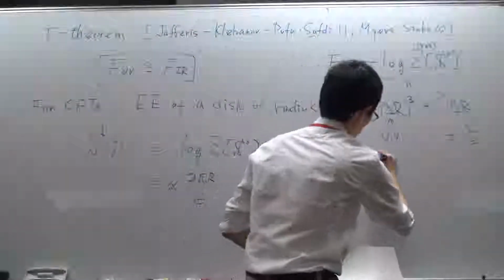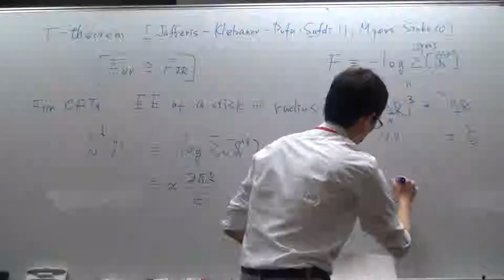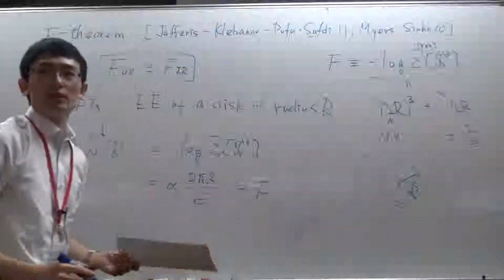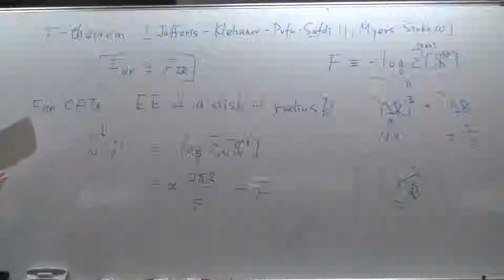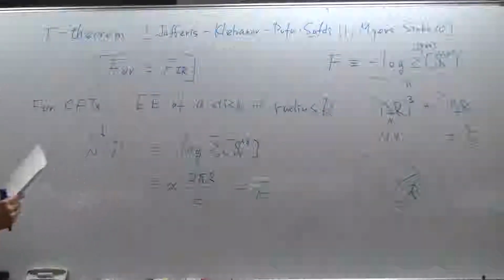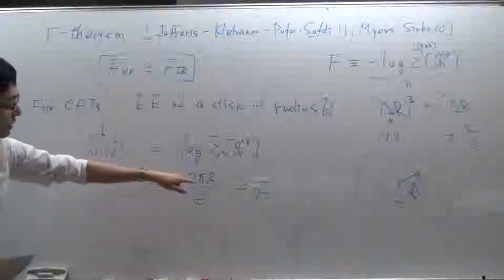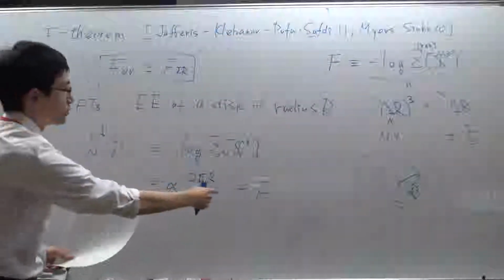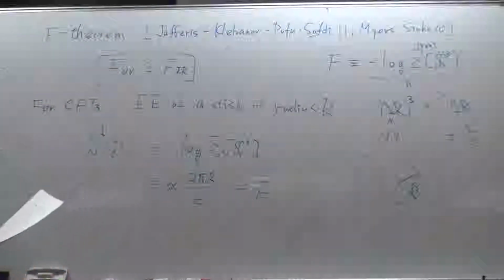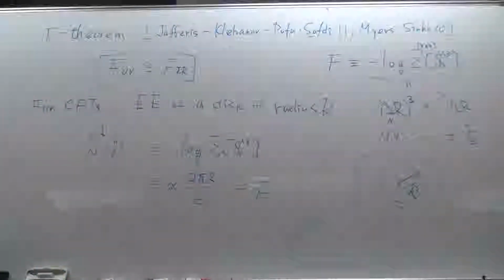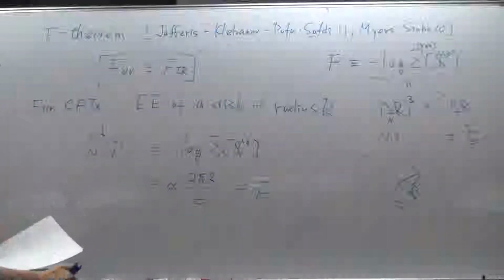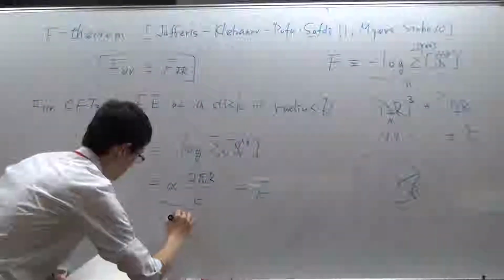So I have a disk of radius r. Entanglement entropy always has areal divergence. So here you have the areal divergence, and the finite part should be minus f, because entanglement entropy is equal to the log of the partition function. So this is the areal part.